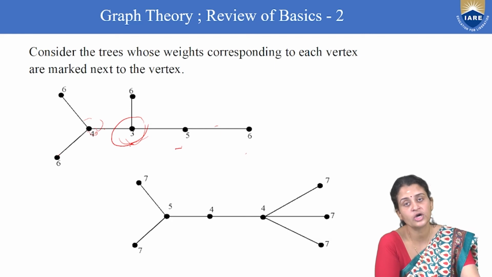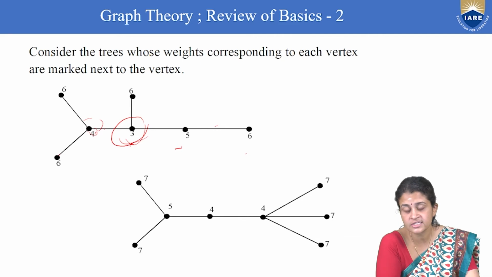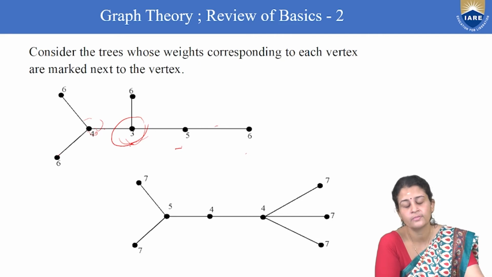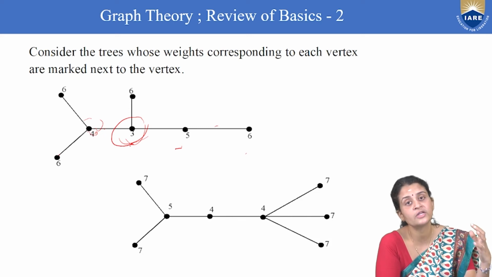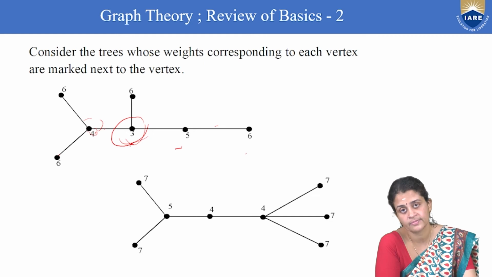Why I have put this 4 here, why this 6, it is not the distance nor the degree of the vertex. It is the weight of the vertex. Weight of a vertex means the number of branches occurring in the heaviest subtree containing this vertex.